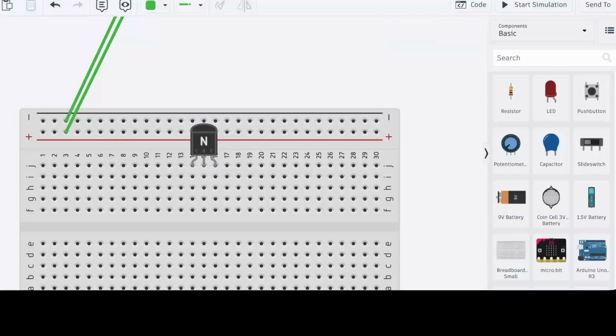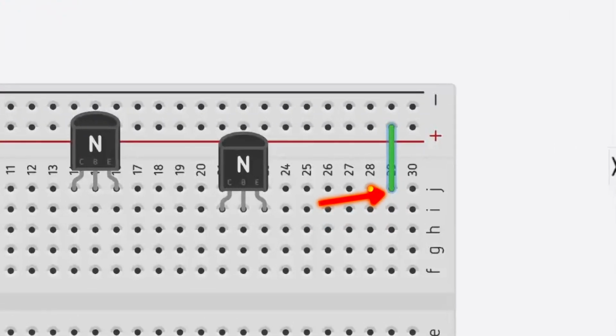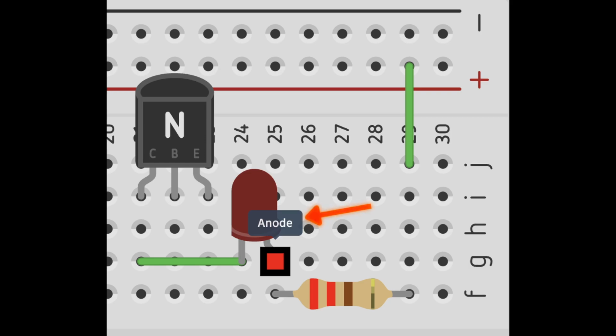We plug in another transistor. Now we bring power down into pin 29 from the positive rail. Now we plug in an LED here and a resistor. The anode side is the positive side. It's got the longer leg, but here in Tinkercad you can hover your cursor over the diagram and it tells you.